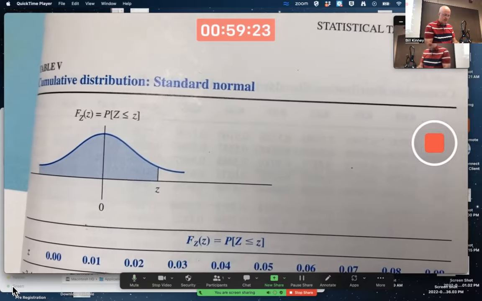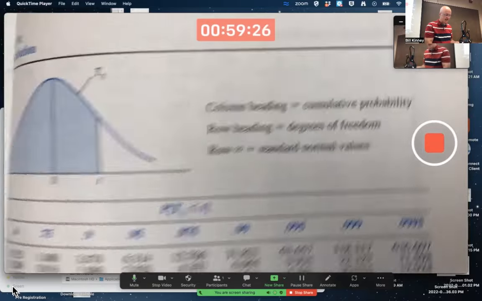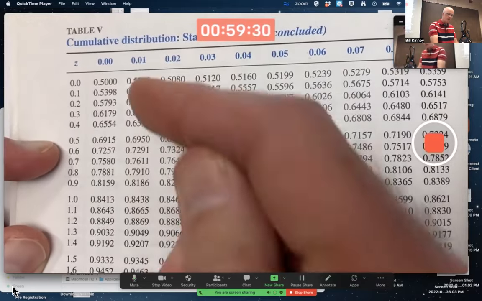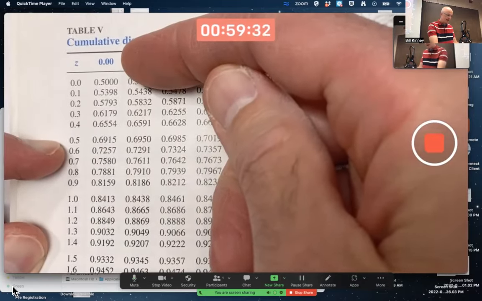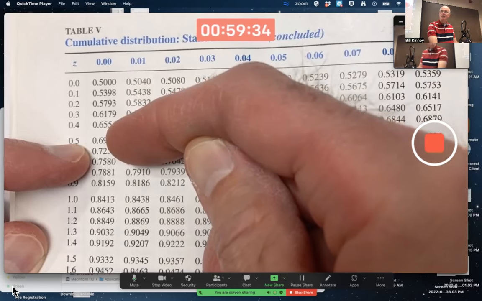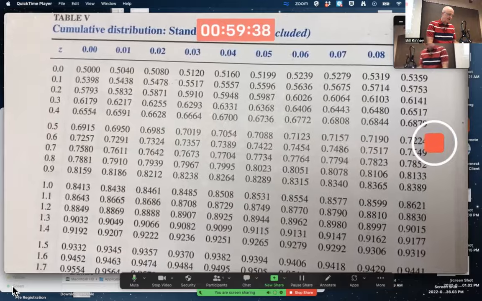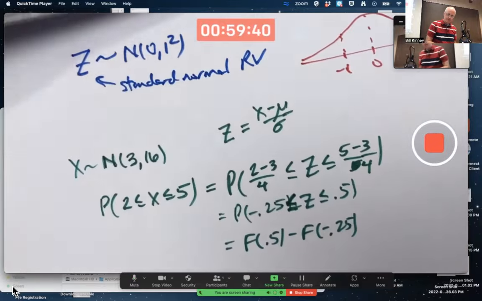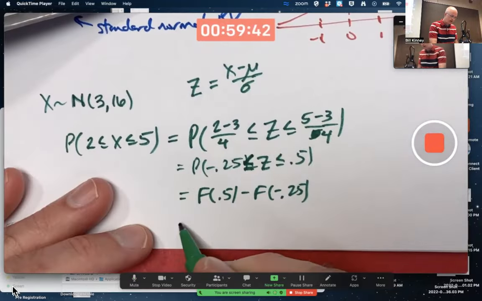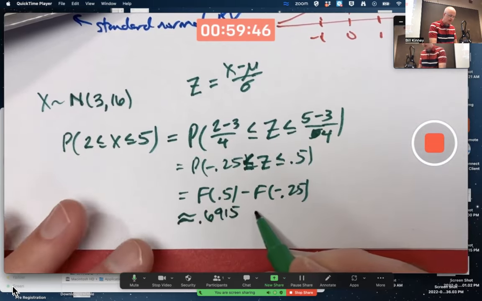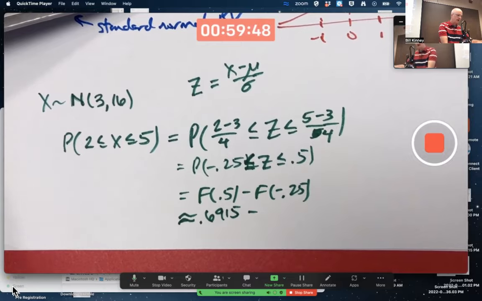So capital F of 0.5, look at the next page, look for Z as 0.50, corresponds to that area. 0.6915 is the area to the left of 0.5. And then the area to the left of negative 0.25 is on the previous page.